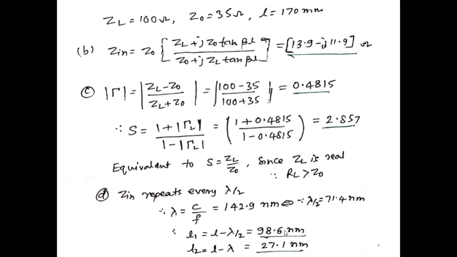So next here ZL is 100 ohm, Z0 is 35 ohm, and L is given as 170 mm.